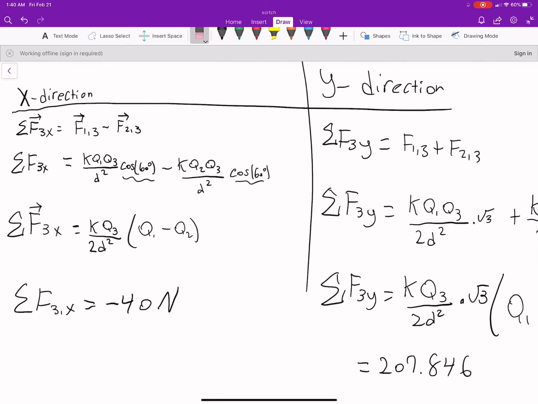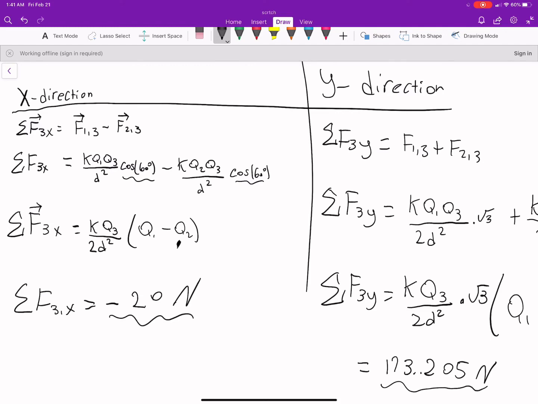When I was plugging these numbers in, I was plugging in the wrong Q. I was plugging in Q3 instead of Q2. So that changes this to negative 20. And then this became 173.205 newtons. Again, this is still negative, so it's okay. This is positive, which it should have been.